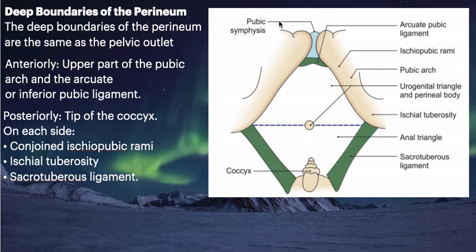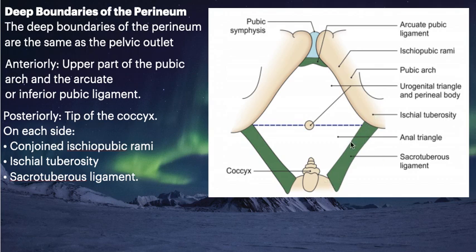Now, anteriorly, the upper part of the pubic arch over here, or the inferior pubic ligament. Posteriorly, the tip of the coccyx. On each side is the conjoint ischiopubic rami, the ischial tuberosities, and then the sacrotuberous ligament from the sacrum to the ischial tuberosity part of the hip bone.